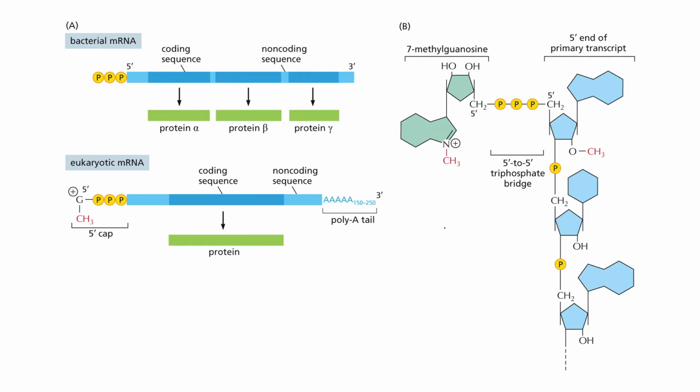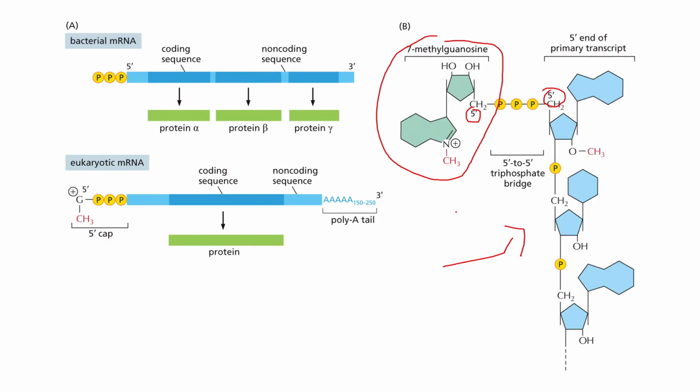So in figure B right here, your 5' cap, you can see there's several nucleotides, right? And we can also see a methylguanosine right here. Okay, but notice that it is a 5' to 5' phosphate connection, triphosphate connection.